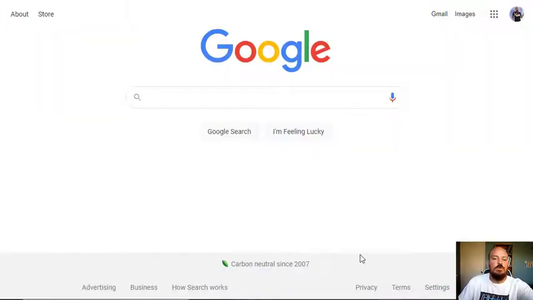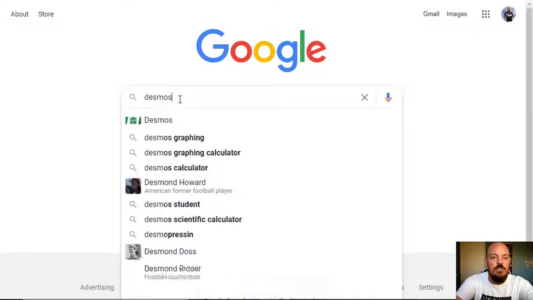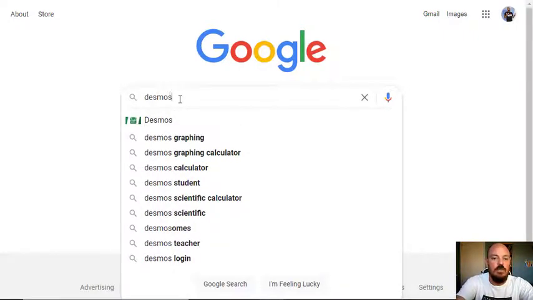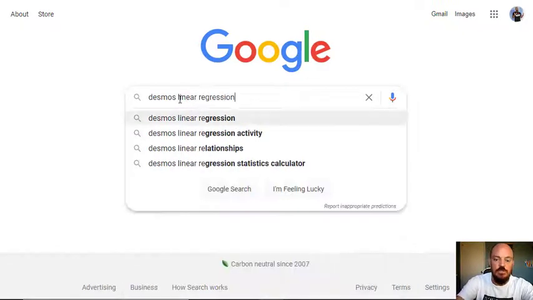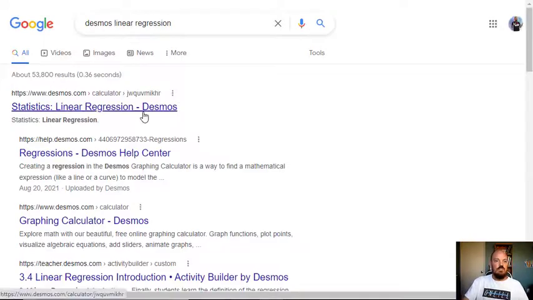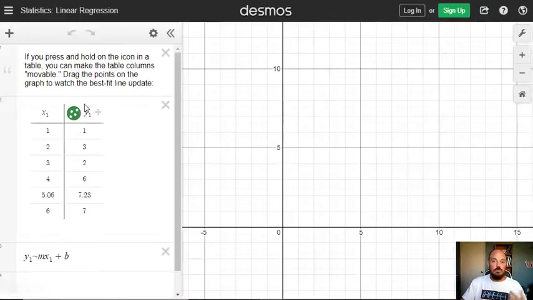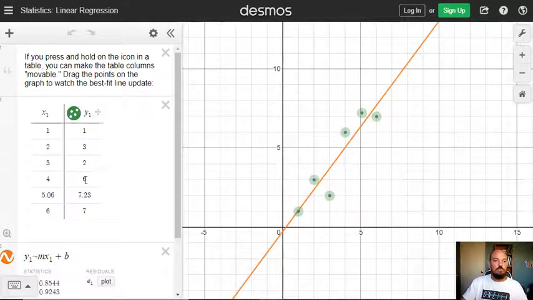All right, so here we are. And I told you guys the easiest way to do it, instead of just going to Desmos, I'm actually going to type Desmos linear regression. And then if you click the first link, it says statistics linear regression Desmos. Instead of just taking you to Desmos, it takes you to one where it's already pre-set up for linear regression.